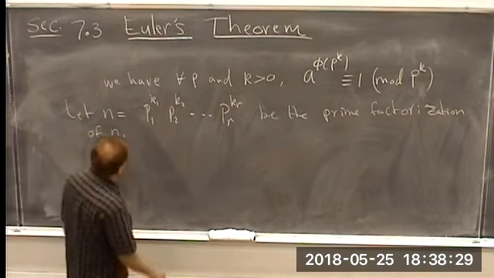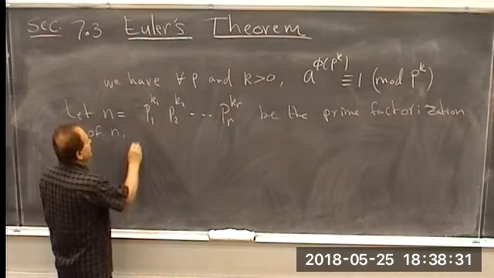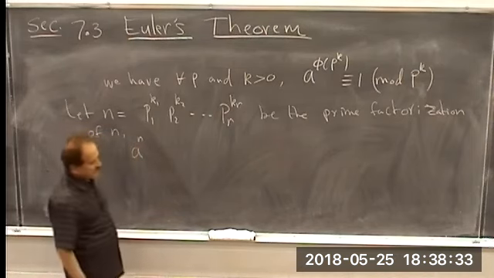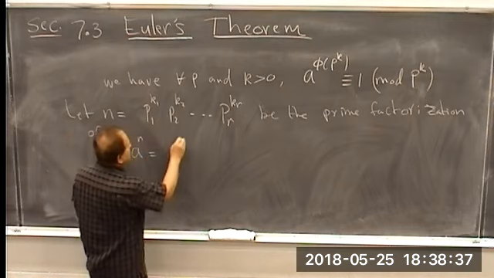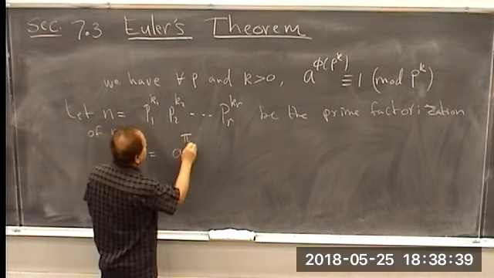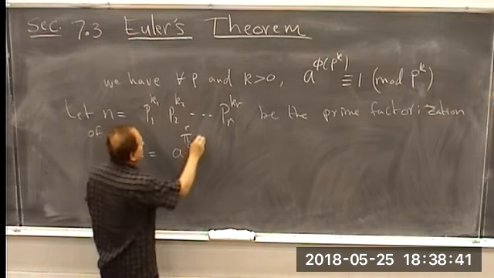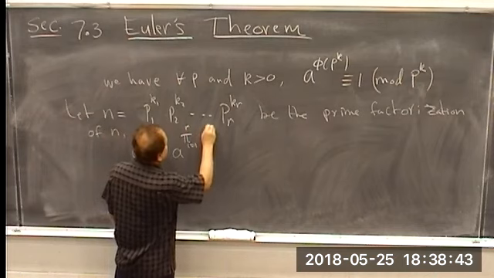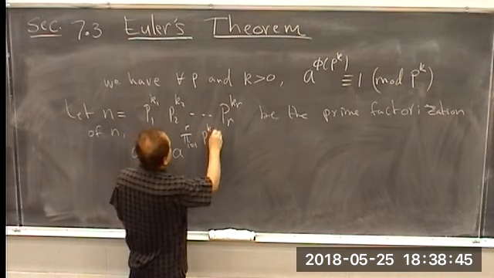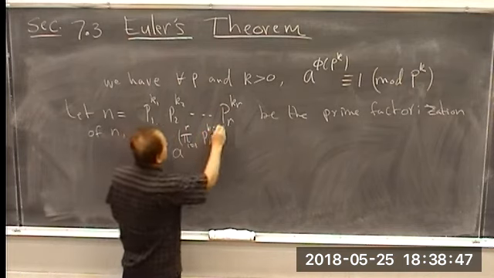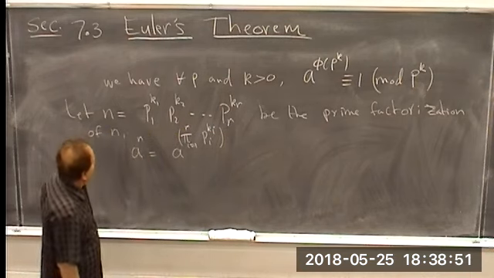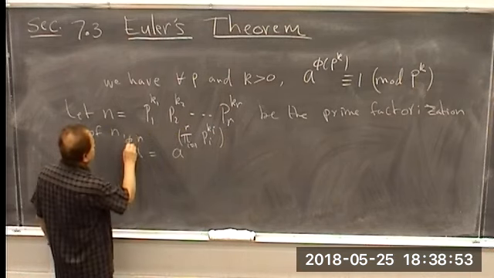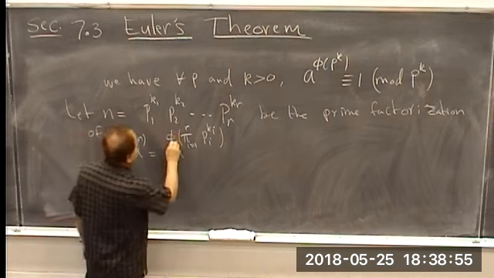Now we're going to take a to the phi of n. Of course, a is relatively prime to n. So this one is going to be a to this product. We need to take phi of n, which is phi of this.